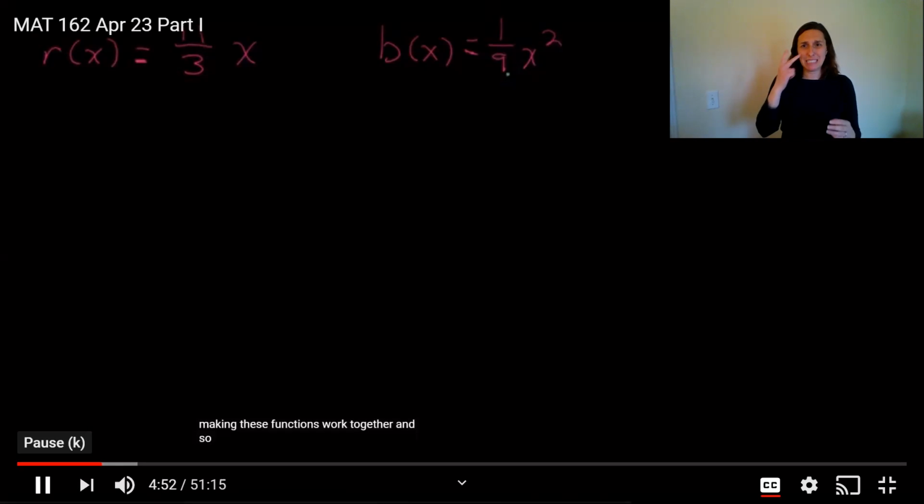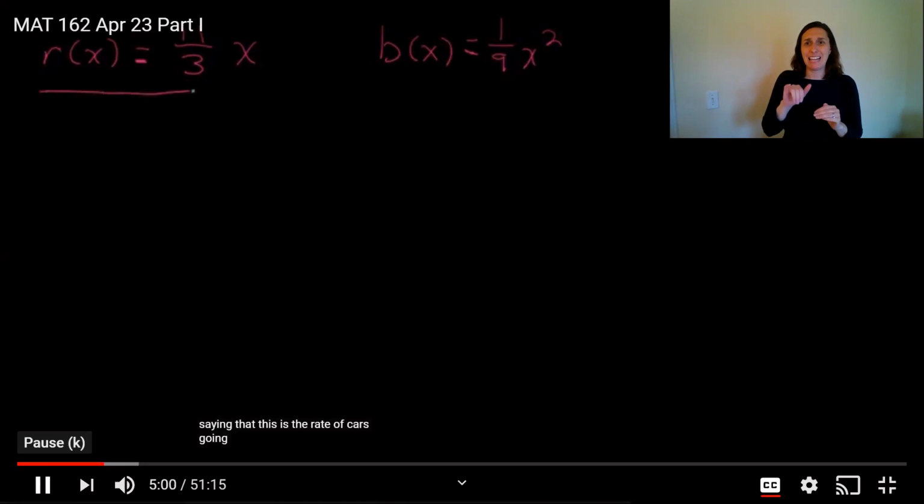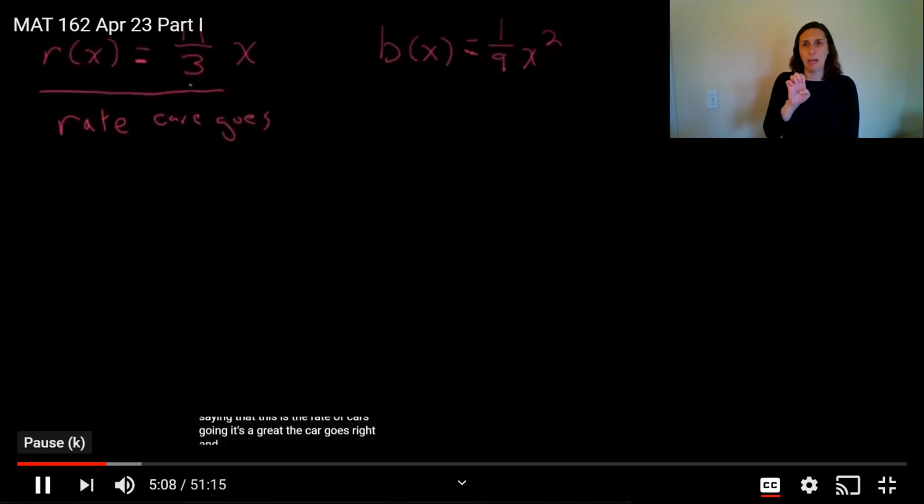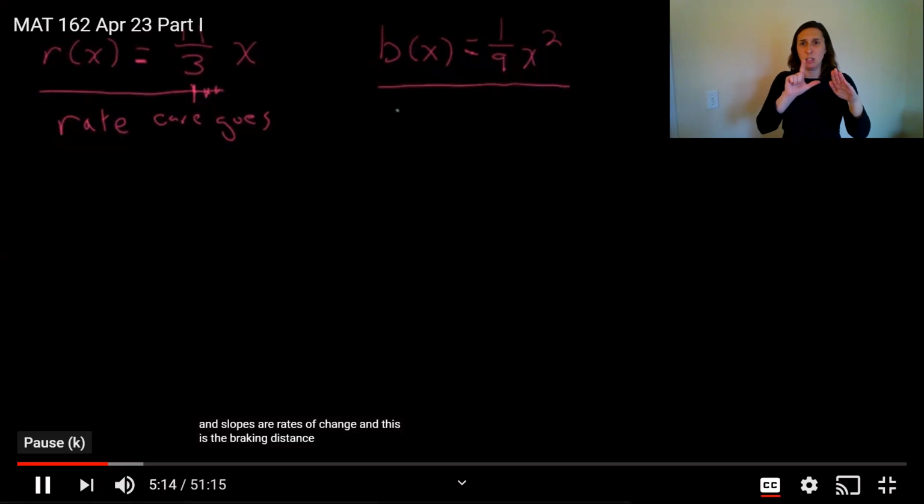And so in the example the book is using, it's saying that this is the rate the car goes. Right? And slopes are rates of change, and this is the braking distance.